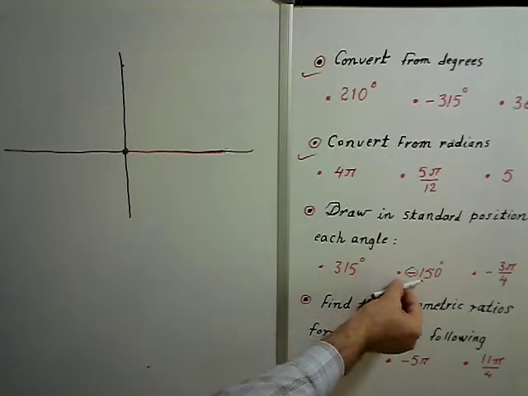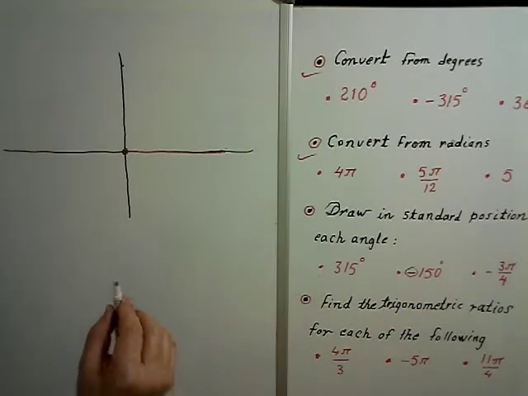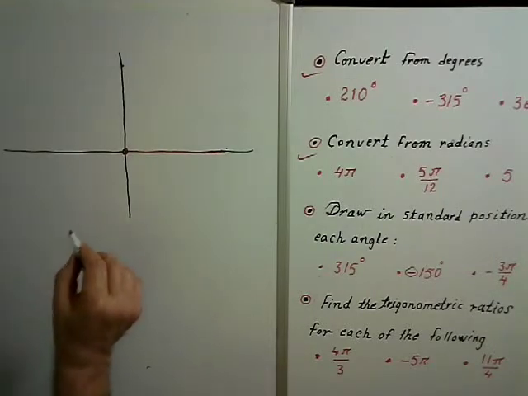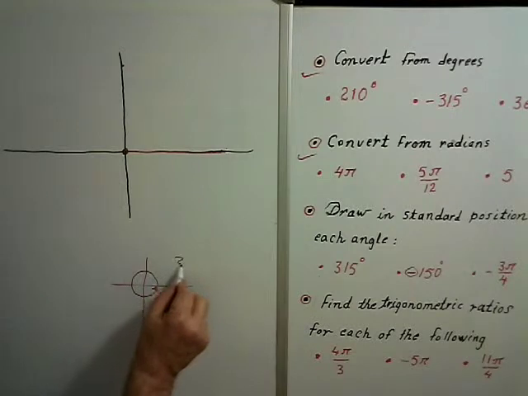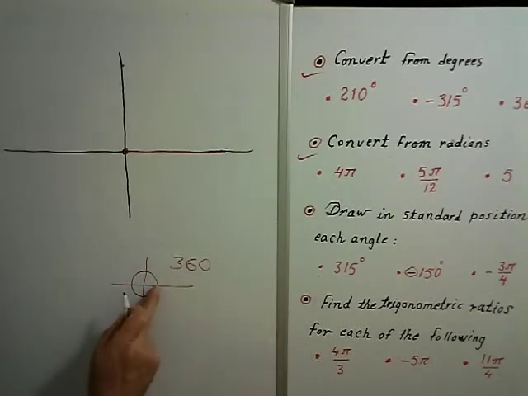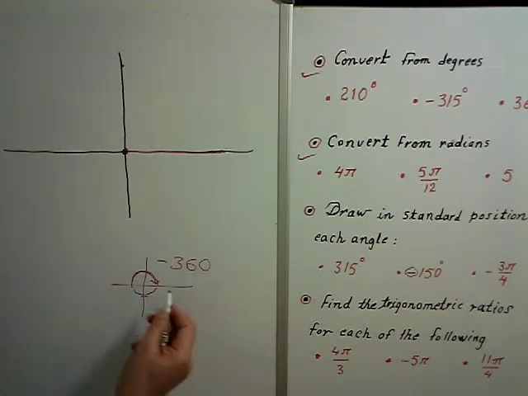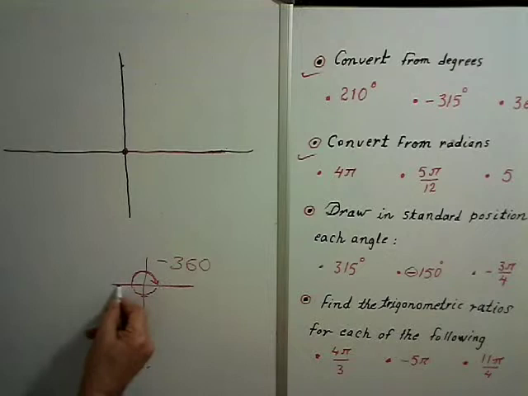You move 150 to know where it is exactly. You know the complete revolution is 360. The same thing if you move in the negative direction, it will be negative 360. Half revolution means 180, and this is negative 180.